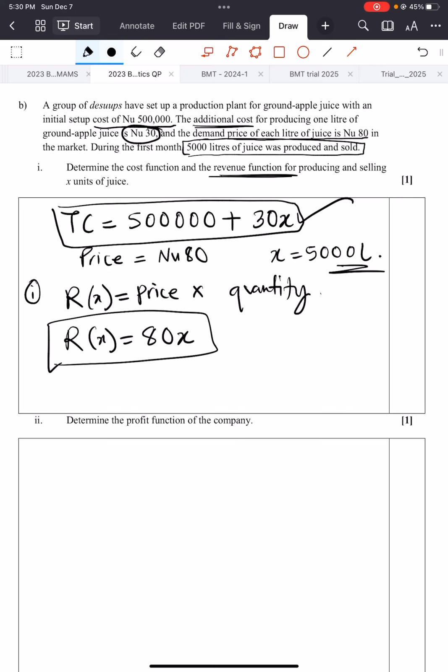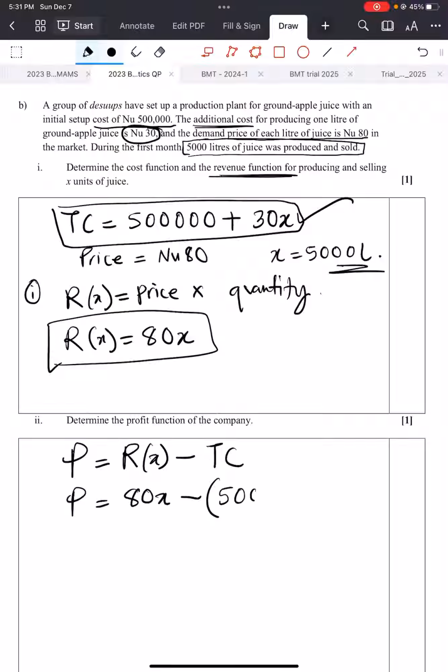Now part 2 is to determine the profit function. Profit is what you earn, the revenue, minus what comes out of your pocket, that is the total cost. So your profit is equal to 80x minus, in brackets because there is more than one term, 500,000 plus 30x.